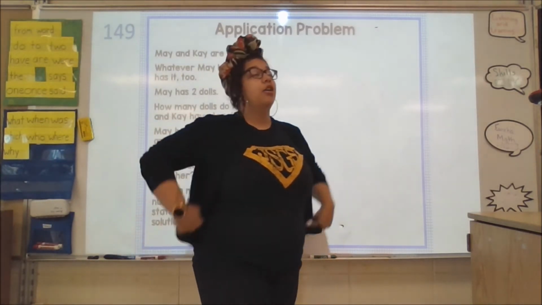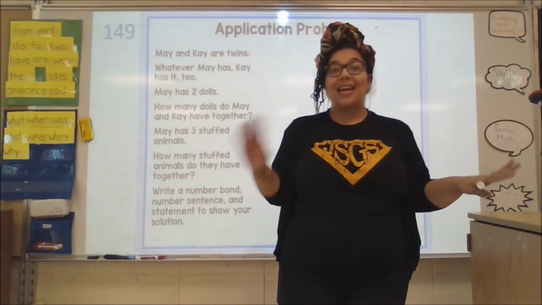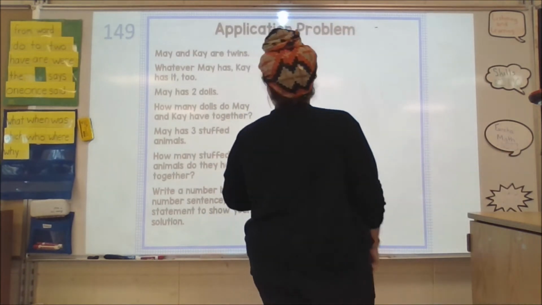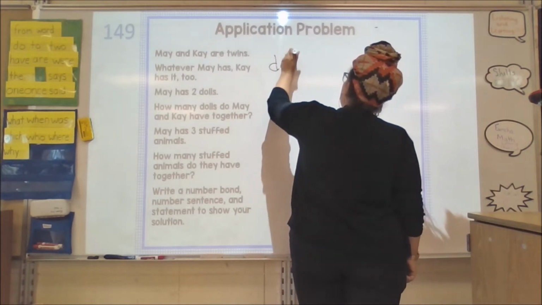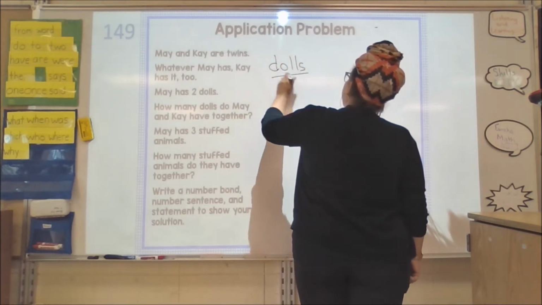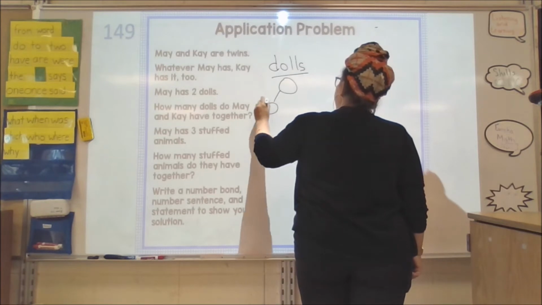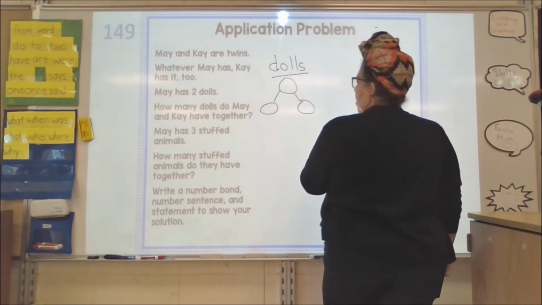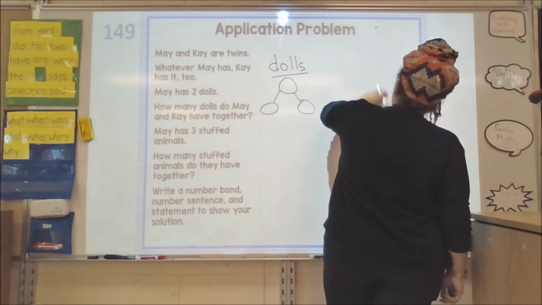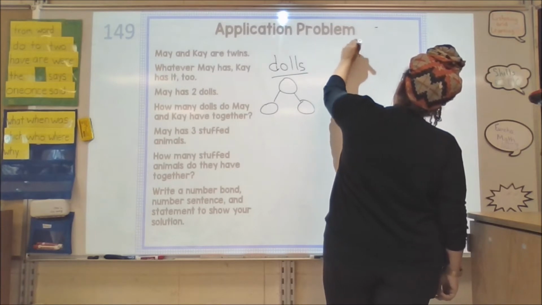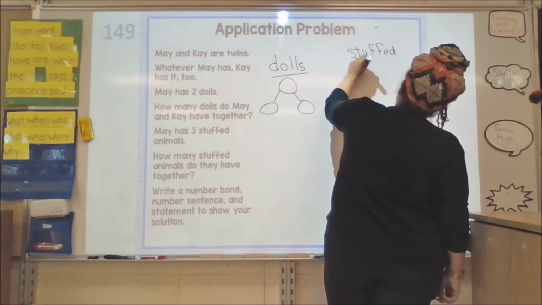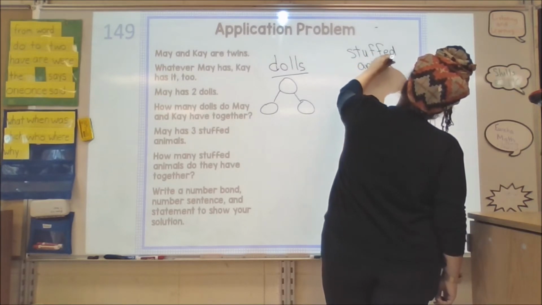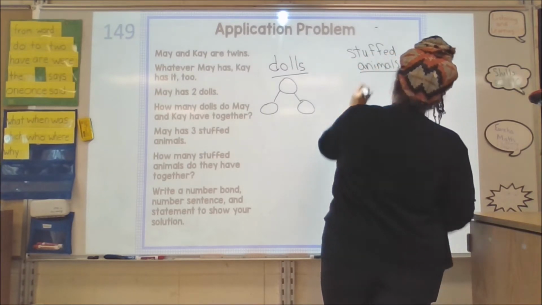So we're not gonna put May's things here and Kay's things here, but we are gonna make 2 number bonds, one for dolls, and the other number bond will be for stuffed animals.